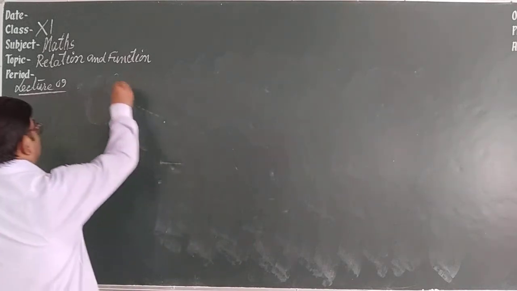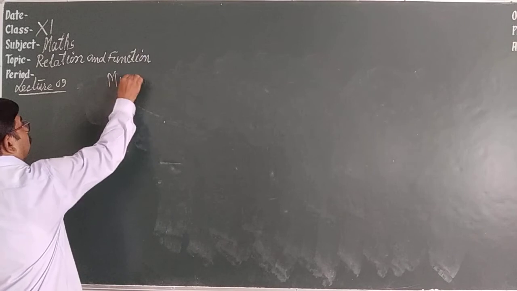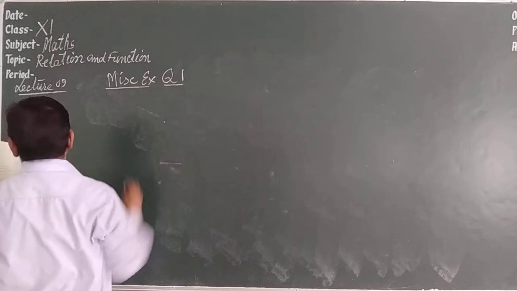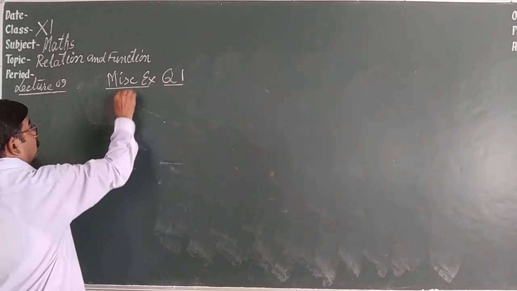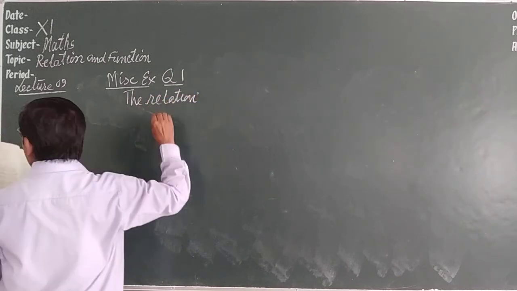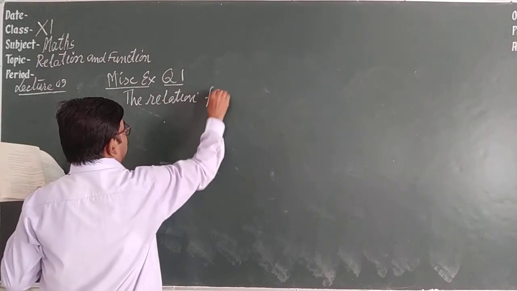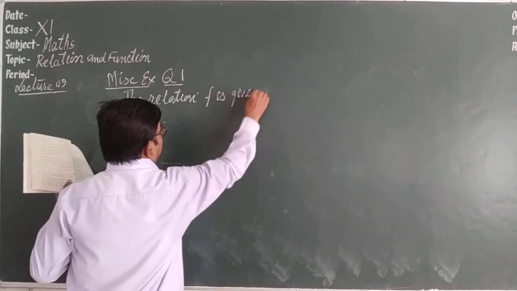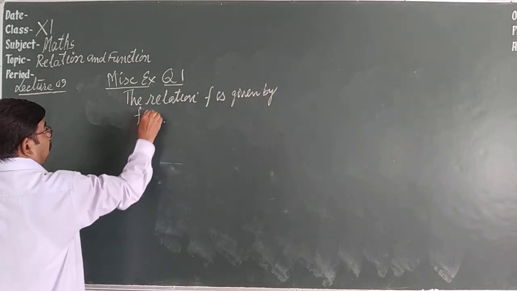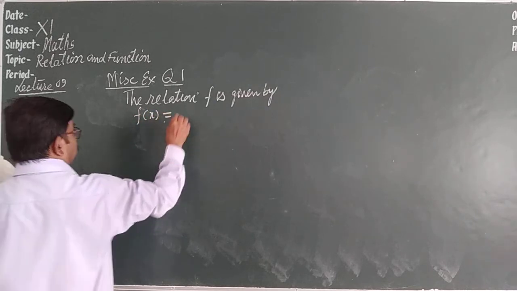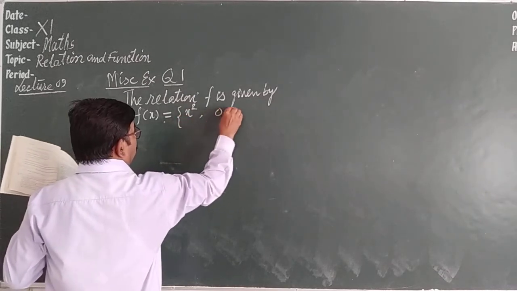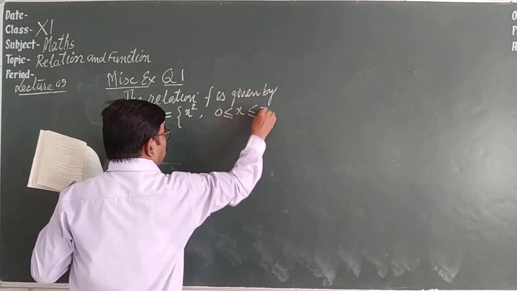See, we have miscellaneous exercise question 1. Given the relation f is defined by f(x) is equal to x square, where 0 is less than or equal to x is less than or equal to 3.